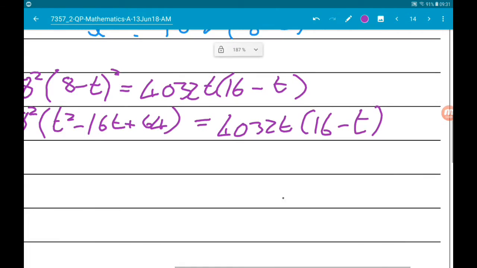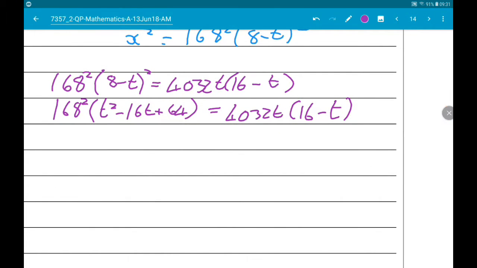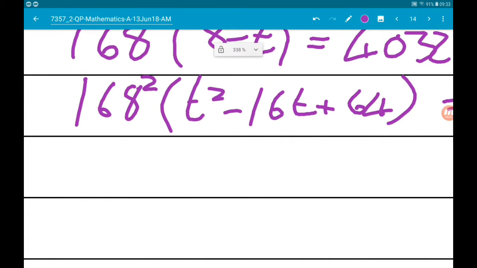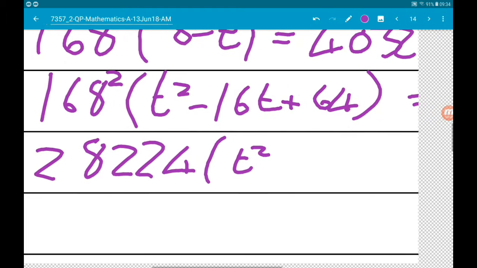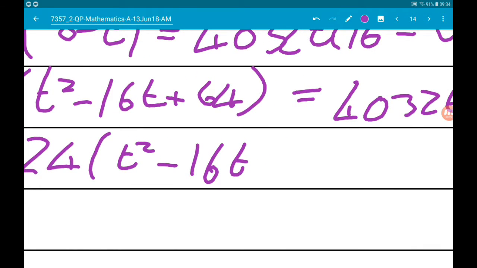Okay, so now it's time to get our calculators involved. 168 squared is 28,224, t squared minus 16t, add 64.